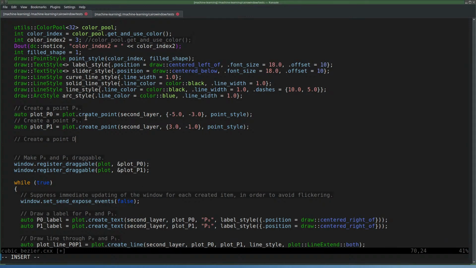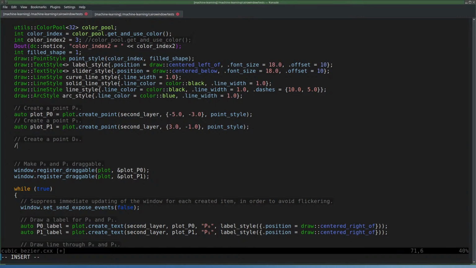So D0, the vector from P0 to D0 is then my direction vector. Not just the direction, but also the length. The length is then alpha. So alpha times D0 is actually, I'm calling it D0, but it's not a direction vector anymore. I plot it as a point, otherwise I can't drag it.